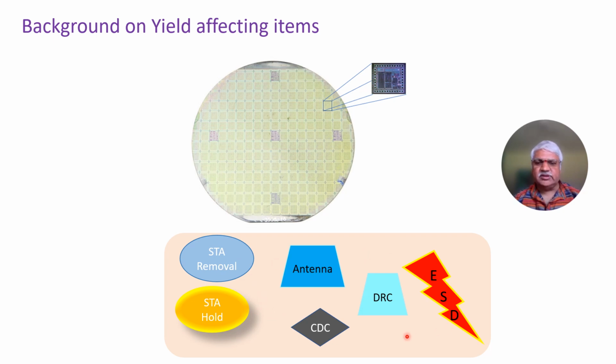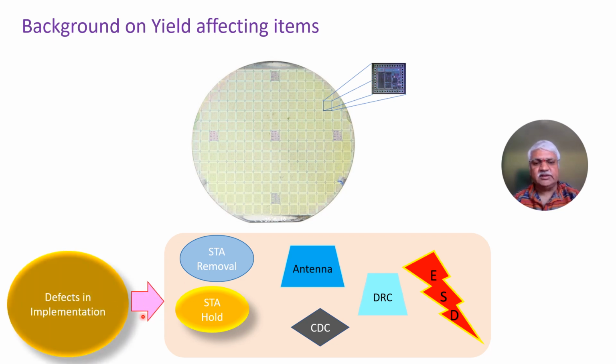In digital especially, STA setup and STA hold are different phases, like physical design antenna, which is damage due to charge buildup, physical design DRC, clock domain crossing, electrostatic discharge, and several other phases of the design implementation, which are part of the design where defects can come into play. So these defects are part of design implementation.